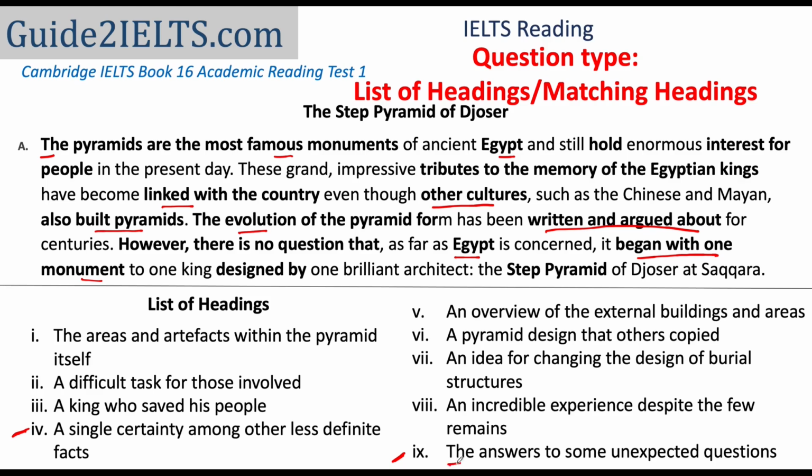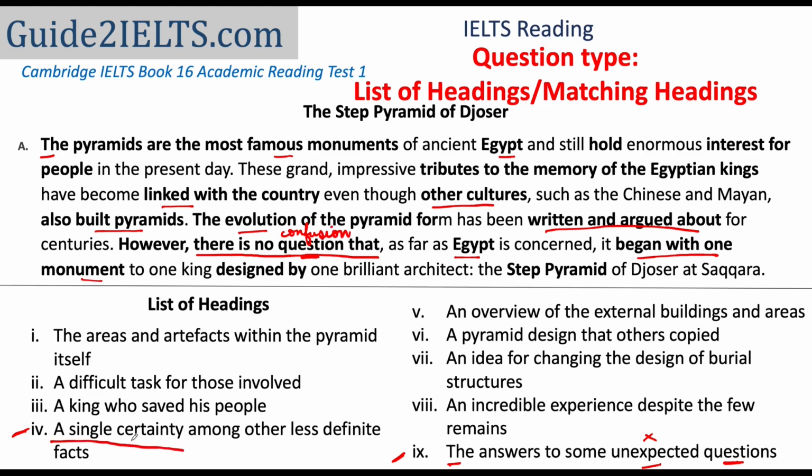The 9th one says the answers to some unexpected questions. If I focus on the word question in the heading, I see that there is a word question in the paragraph as well. But there is no unexpected question being asked here. And this phrase, there is no question that, actually means that there is no confusion about something, or that it is confirmed or it is a certainty.